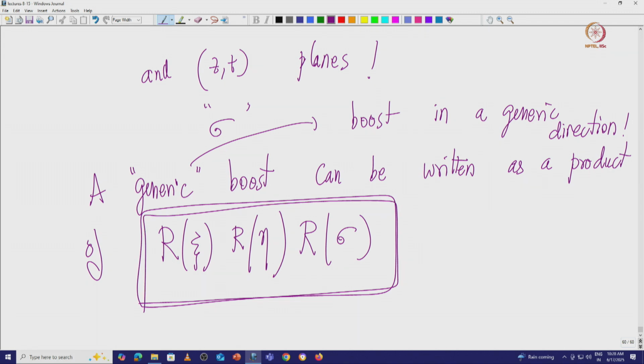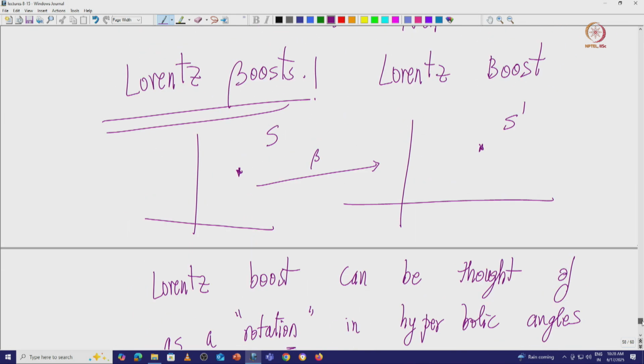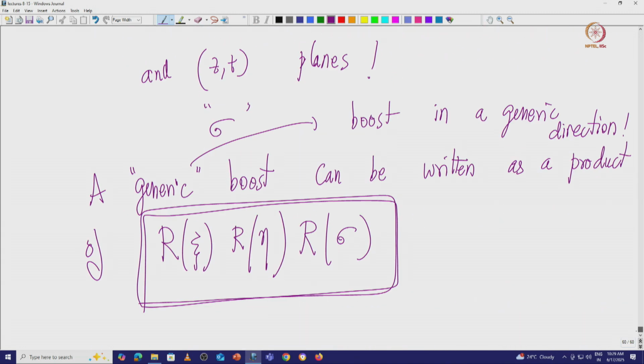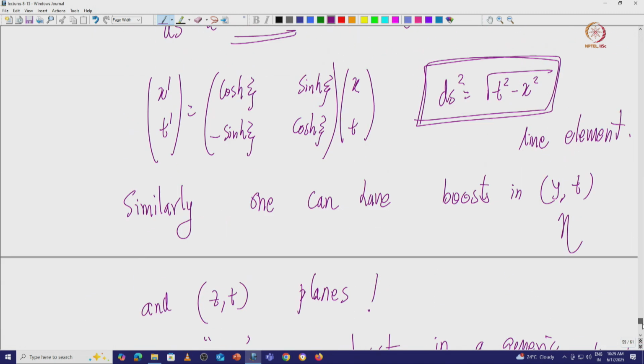When I say generic boost, I mean a boost in a generic direction, a combination of x, y and z. Now what we have been doing, we have made a lot of progress. First thing we said was that boosts form a group.